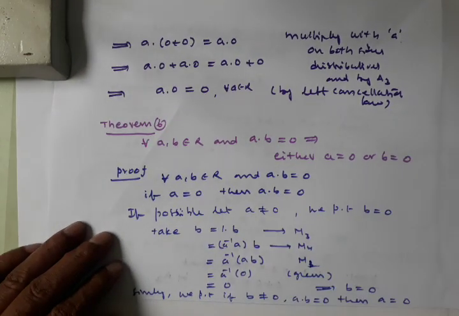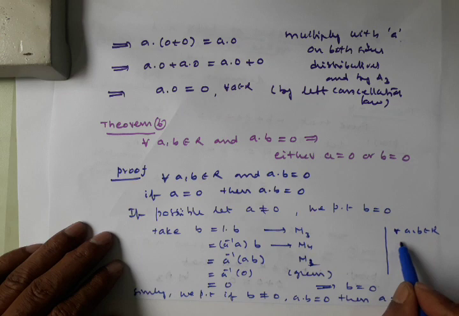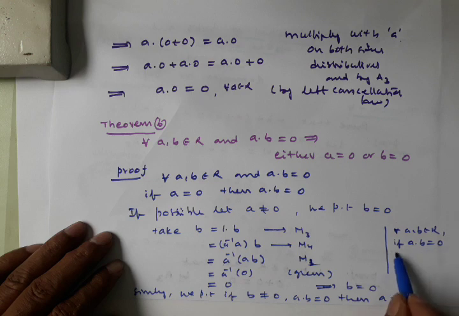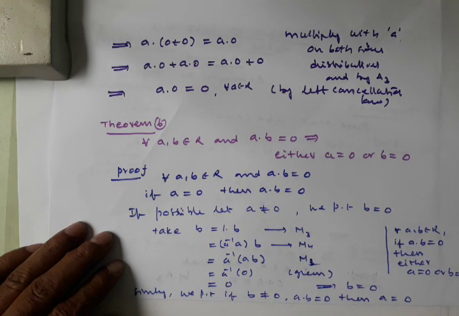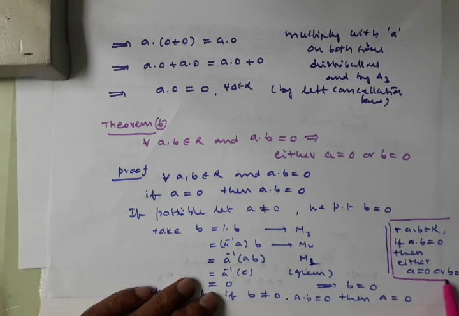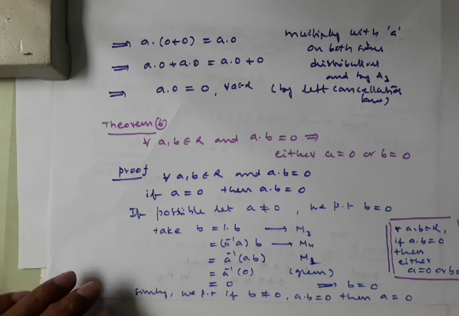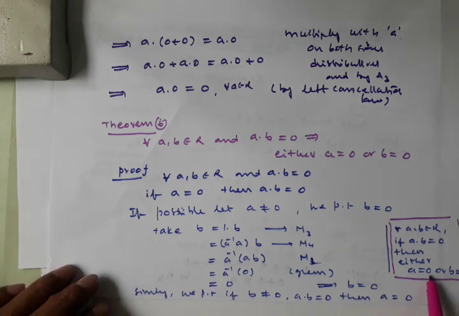So for all A, B belongs to R, if A into B is equal to 0, then either A is equal to 0 or B is equal to 0. This is what we proved. Suppose if A not equal to 0, we prove that B is equal to 0. Otherwise, if B not equal to 0, then A must be equal to 0.